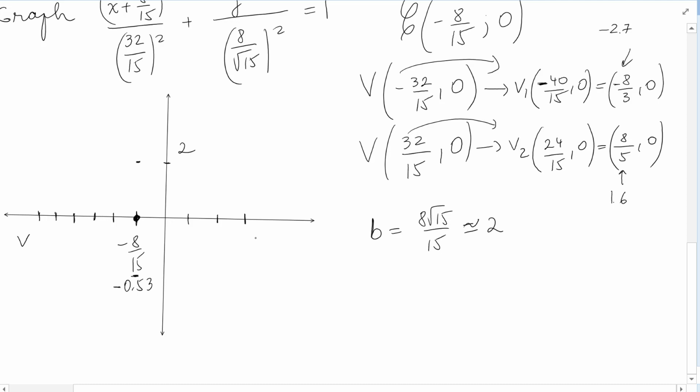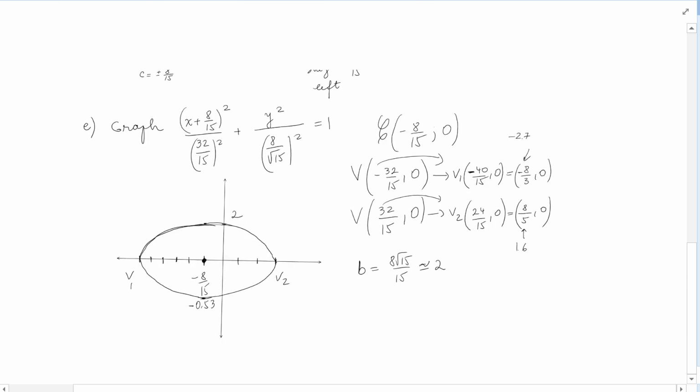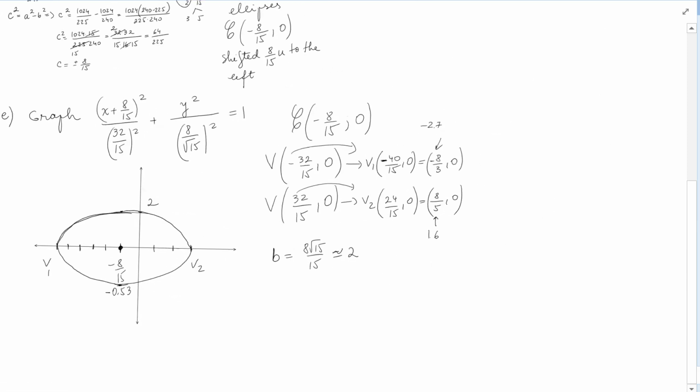And so V1, V2, we are constructing the ellipse. And here is the ellipse, the graph.